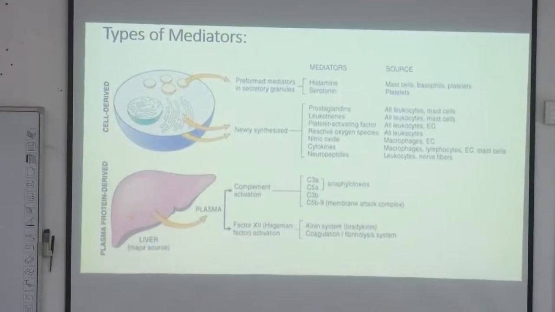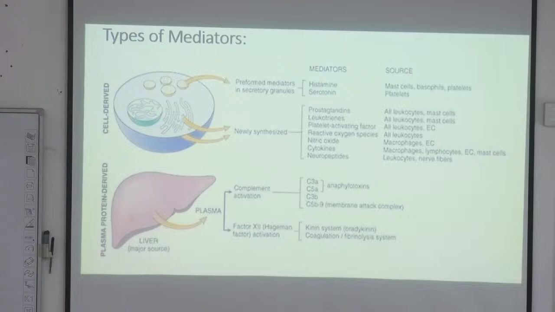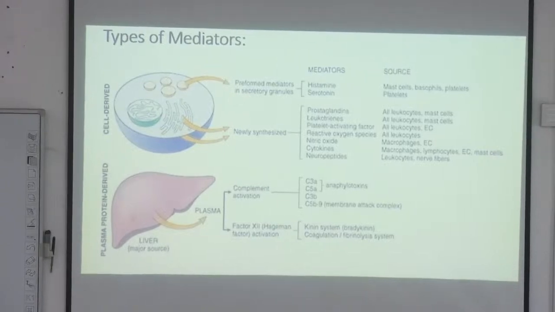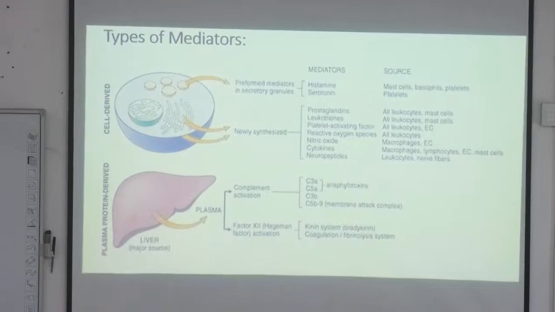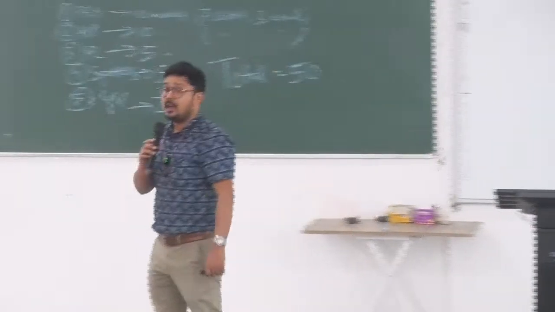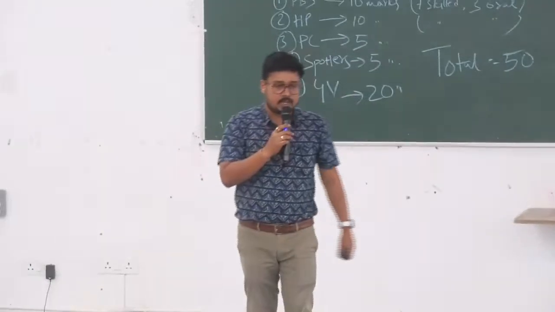Okay, so these are the two types of mediator. One is cell-derived mediator, another is plasma protein-derived mediator. The most important mediators of acute inflammation are cell-derived mediators.